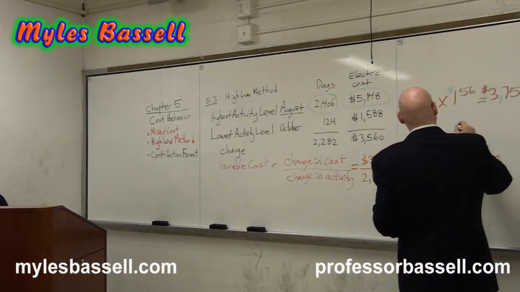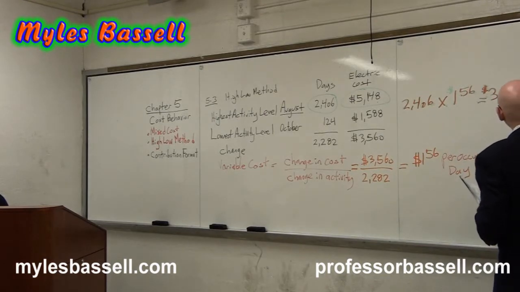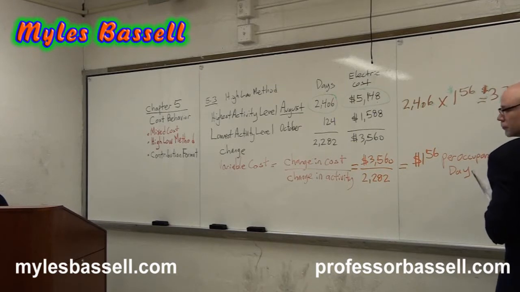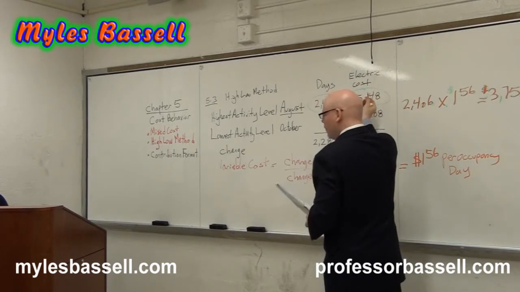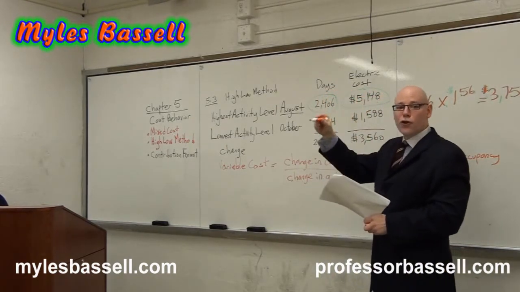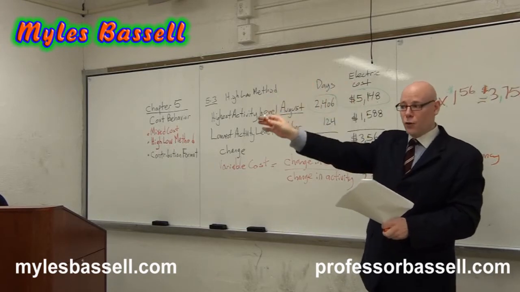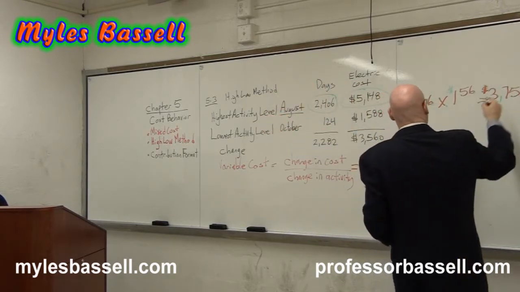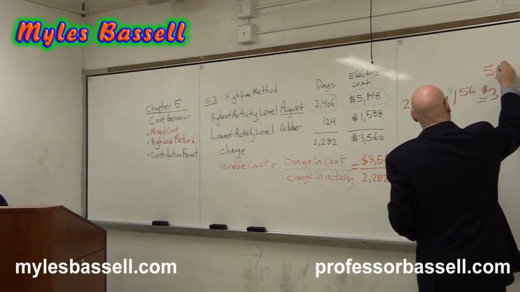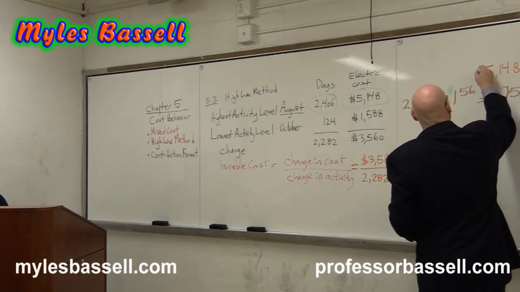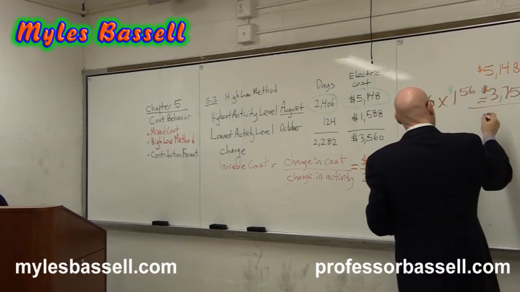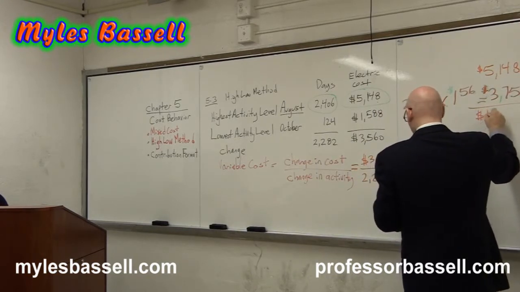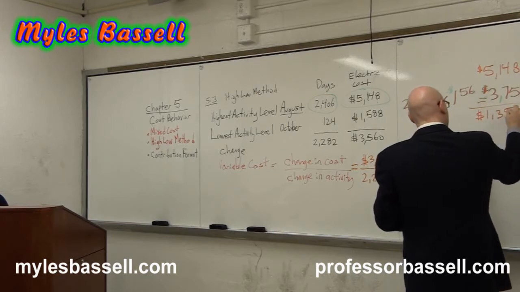And what we do is, remember, this is variable. This is the variable cost. That's what we just calculated. The total cost is $5,148. Remember, the total cost is variable cost plus fixed cost. So $5,148 is the total cost. Now, if we subtract from that the variable cost, that's going to give us the fixed cost, which in this case is $13.95.